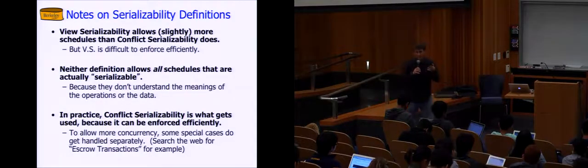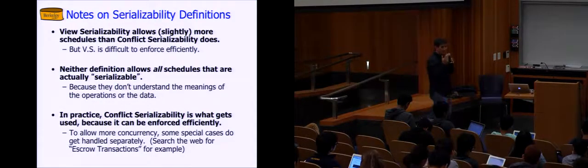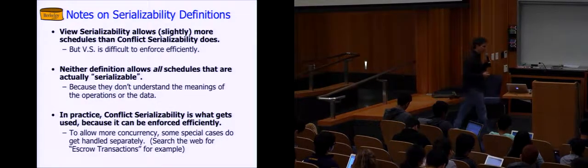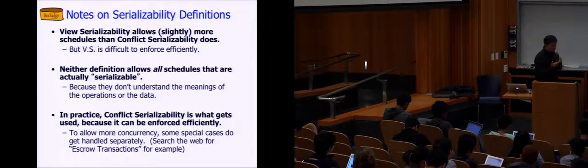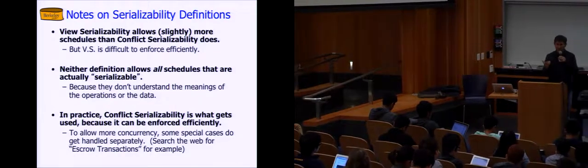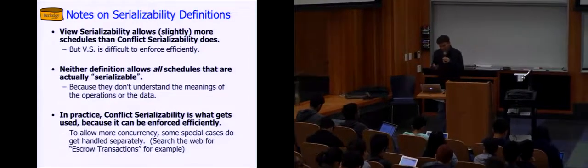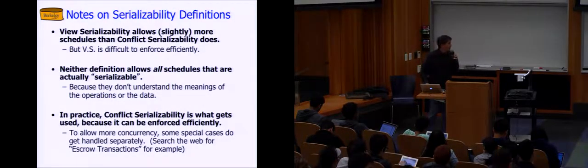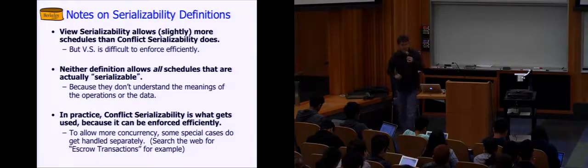So escrow transactions basically allow you to reorder increments and decrements or similar things within certain safety bounds. And that takes into account certain semantics, the semantics of integers and addition. So it's one example where some semantics have been pushed down into the concurrency control layer. All right. Just an aside.